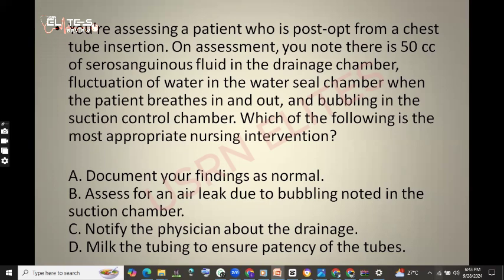Which of the following is the most appropriate nursing intervention? This question is very, very interesting. Look at it all. Apply everything we've spoken about.